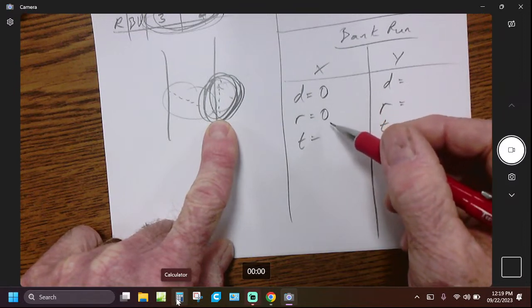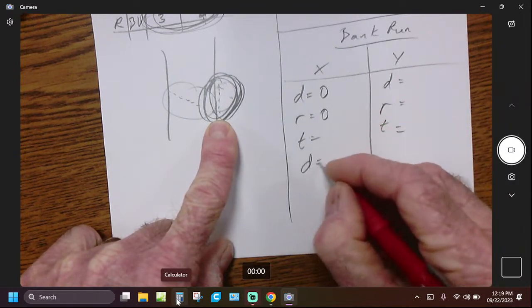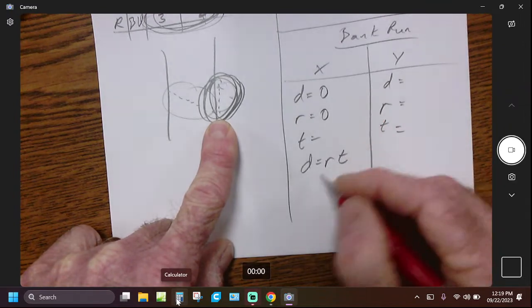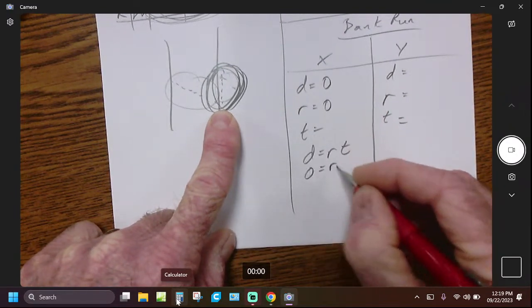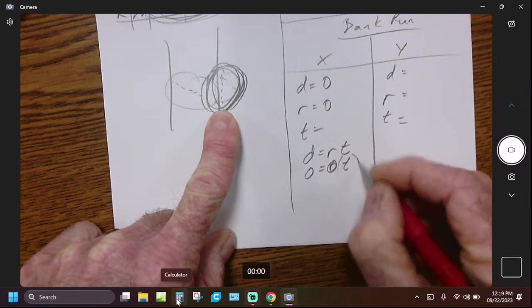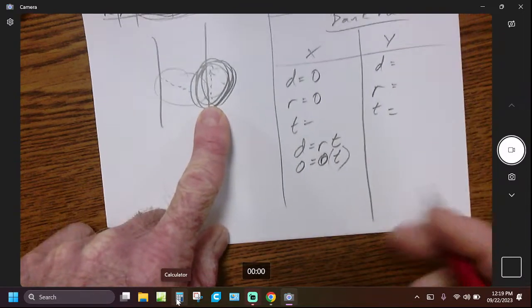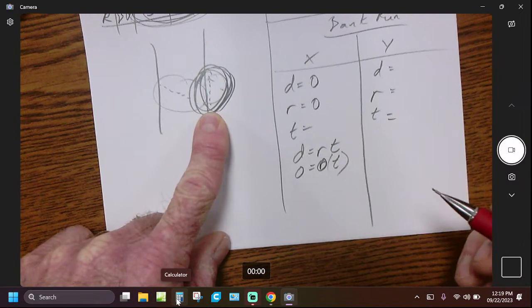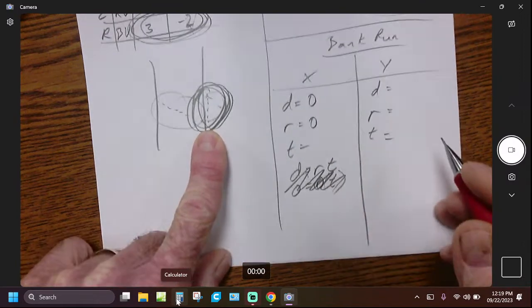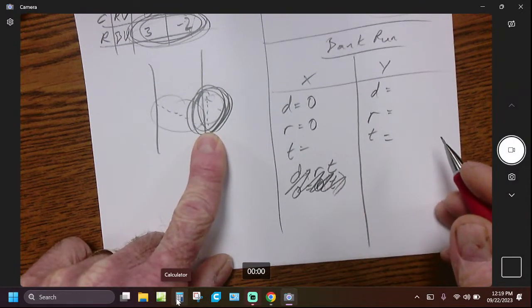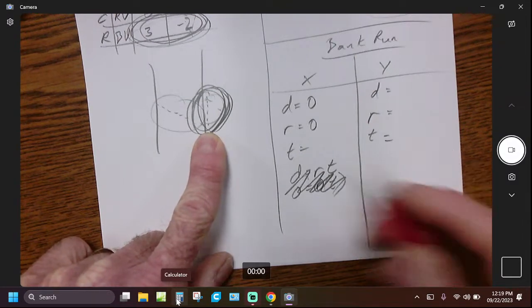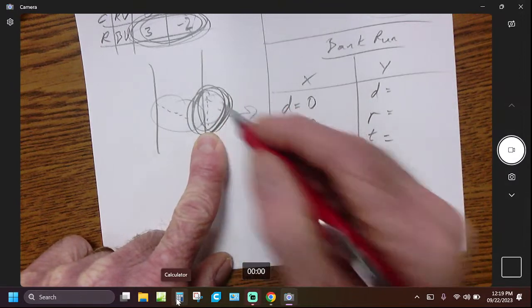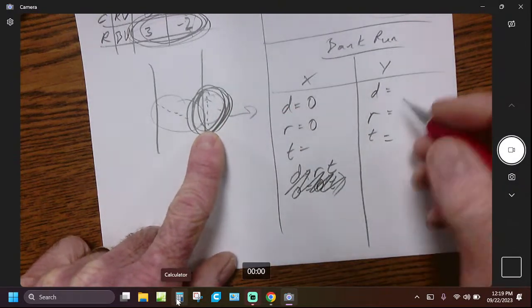If distance equals rate times time, and we know the distance is 0 and the rate is 0, I don't think we can really reliably solve for t there. So we have to find t a different way. T could be anything at this point. He could be crab walking, looking this way, walking sideways, whatever.